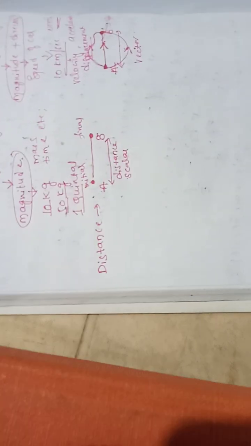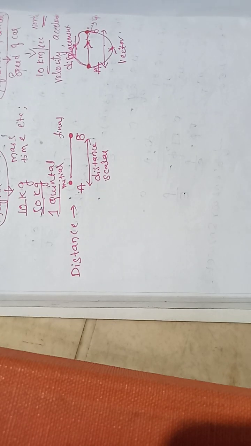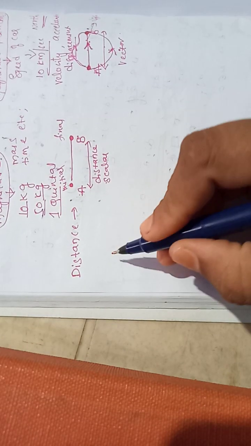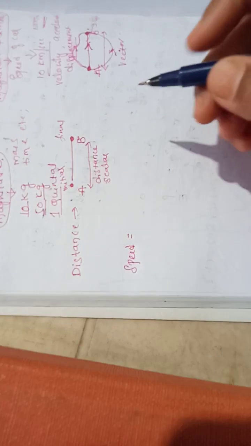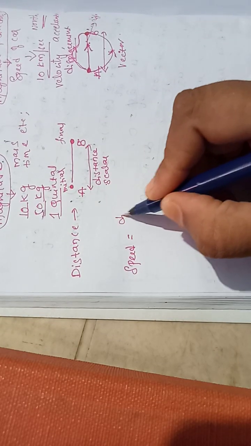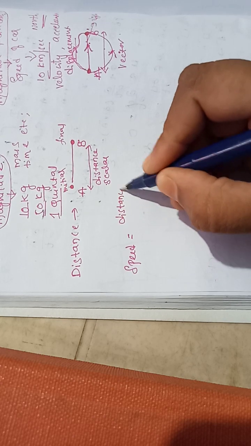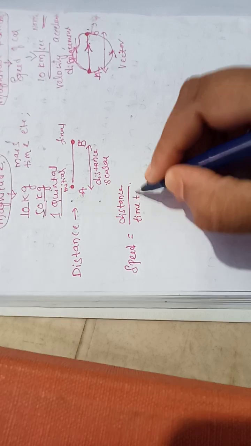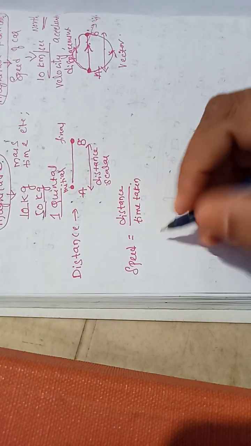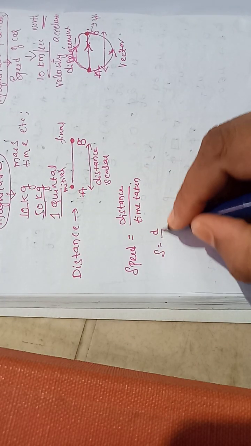Now let us define some basic definitions such as speed. Speed is defined as distance travelled by time taken. S is equal to d by t.